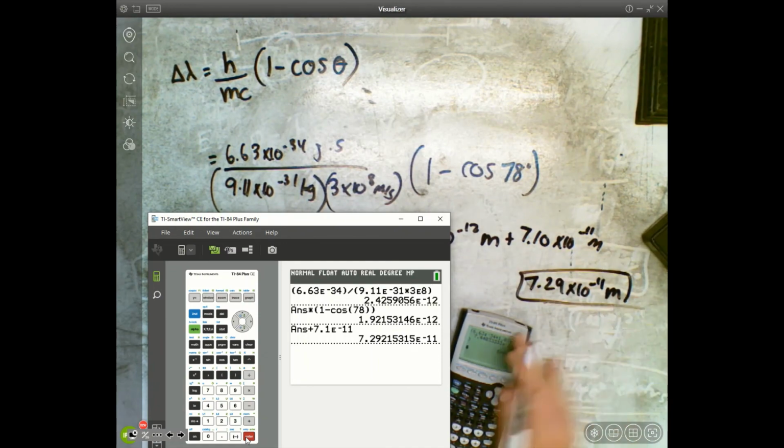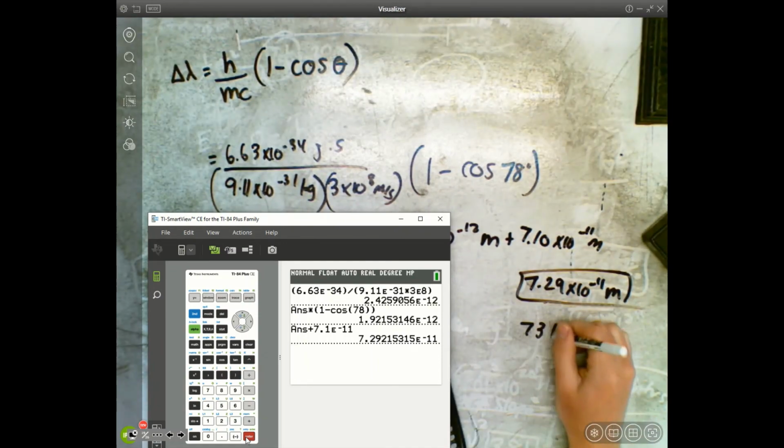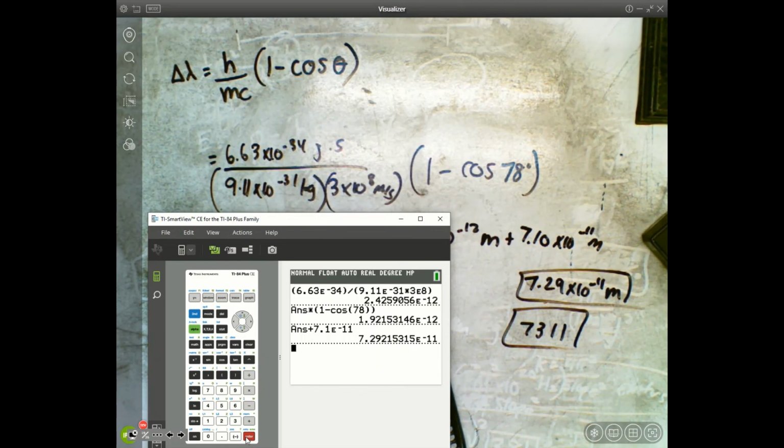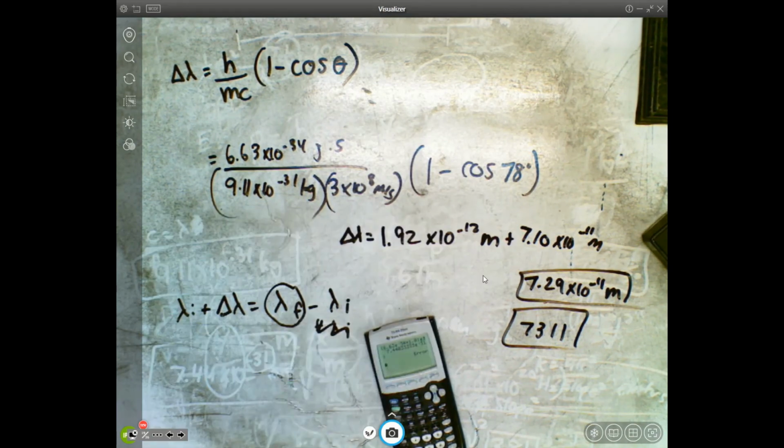And that would be my answer. My answer would be 7311 on a numeric response. So don't get that wrong because you forgot to change the wavelength. It's actually a really easy question. Once in a while you get this formula on here, and it's going to be on your quiz, and you just plug in the stuff, and it's really straightforward and easy.